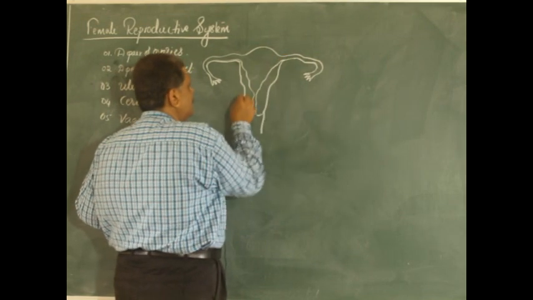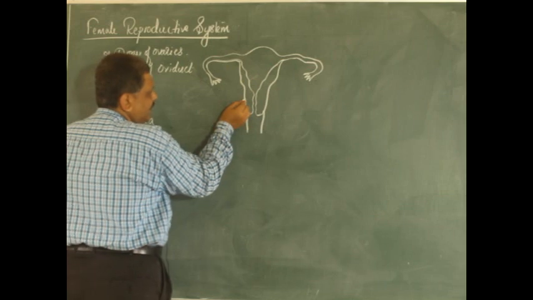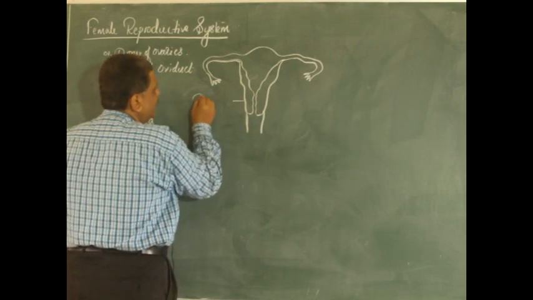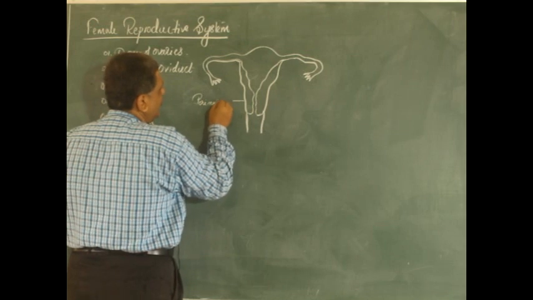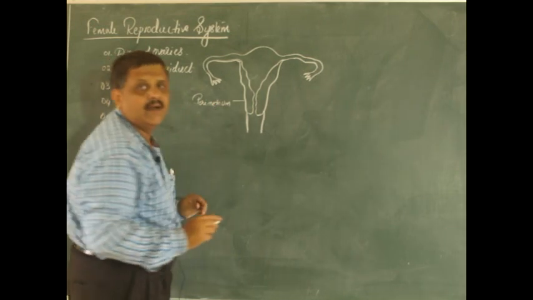Outer layer is called perimetrium. Outer layer of the uterus is called perimetrium.